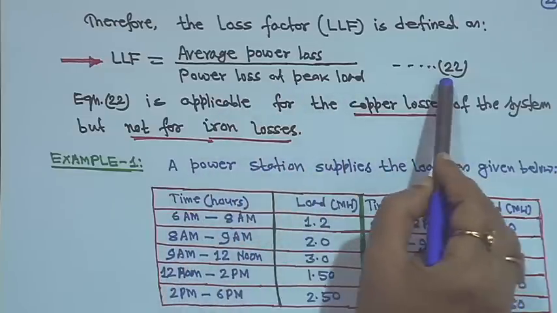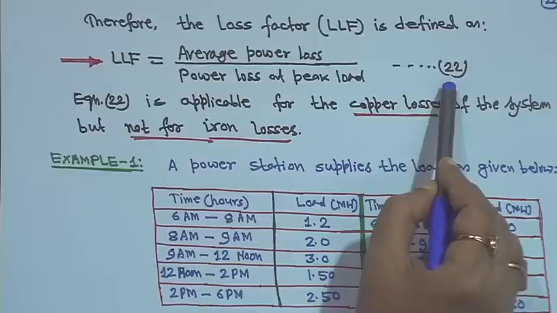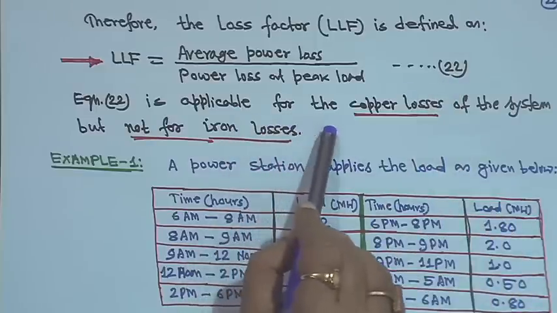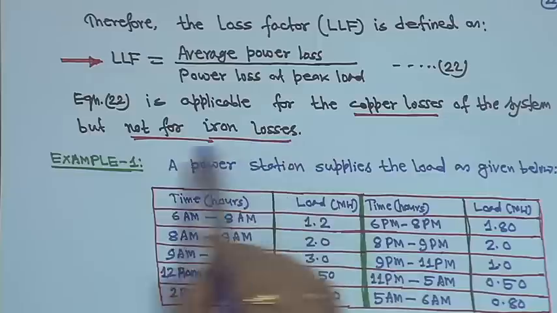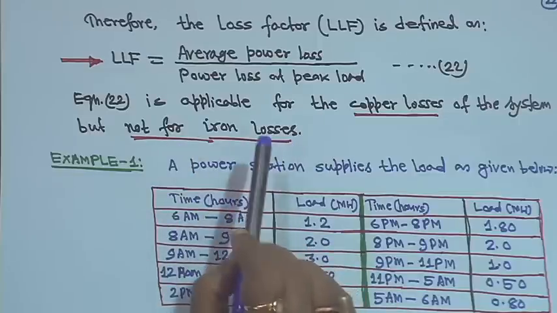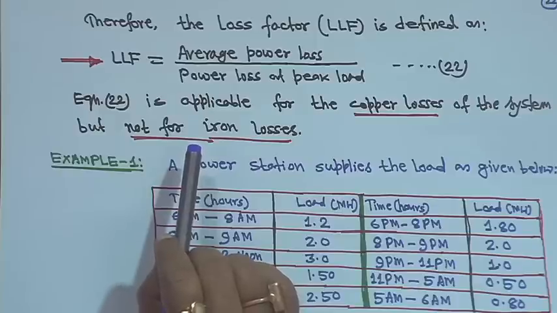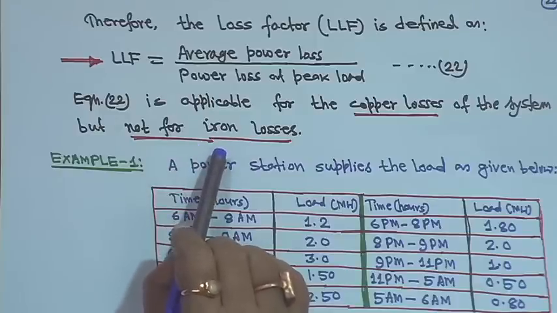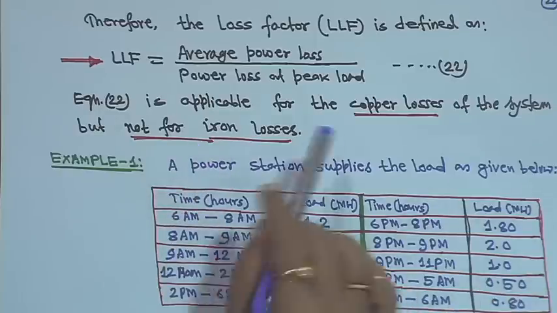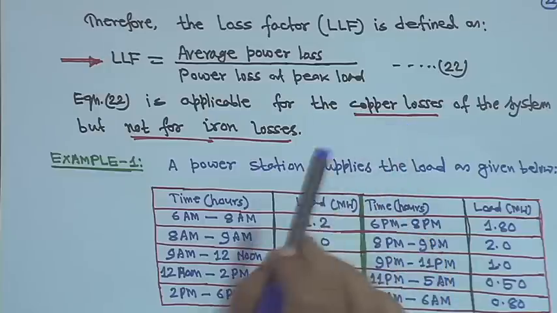This is equation 22. Equation 22 is applicable to the copper loss of the system, but not for iron loss. That means loss factor can be computed only for I square R loss, but not for iron losses.